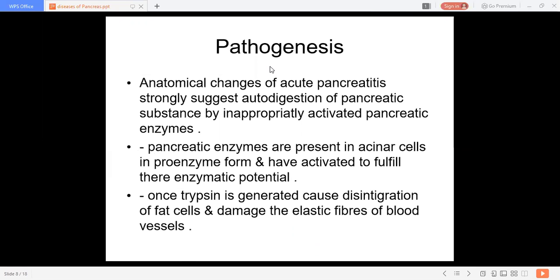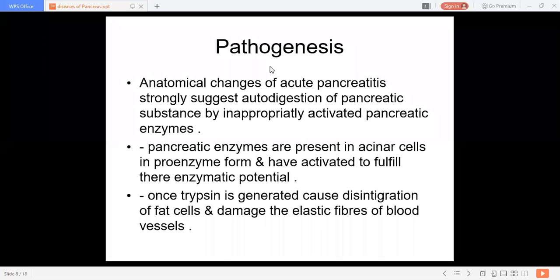Now, the anatomical changes of acute pancreatitis strongly suggest autodigestion of pancreatic substance. Here, this word autodigestion is very, very important. Autodigestion of pancreatic substance by the enzymes itself, due to increased activation of pancreatic enzymes.